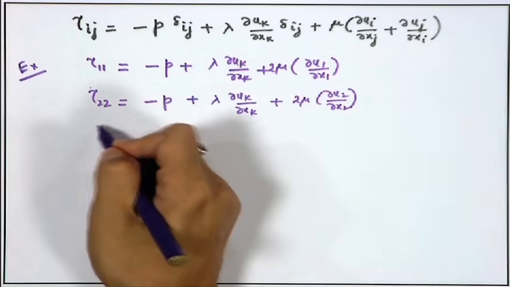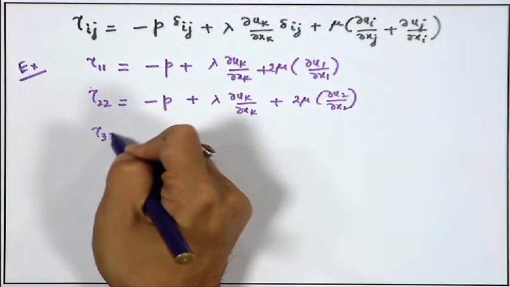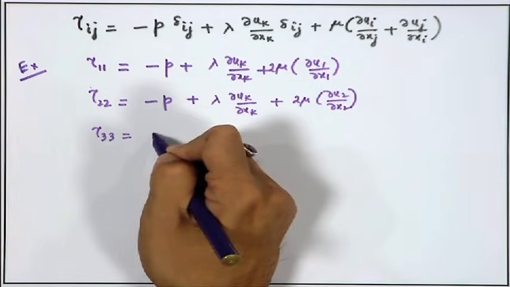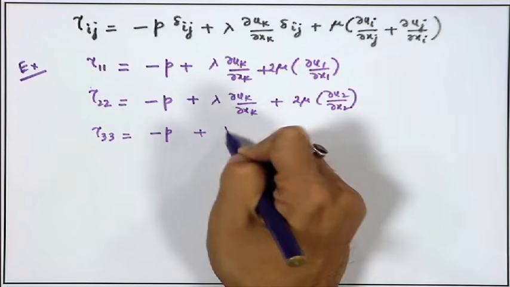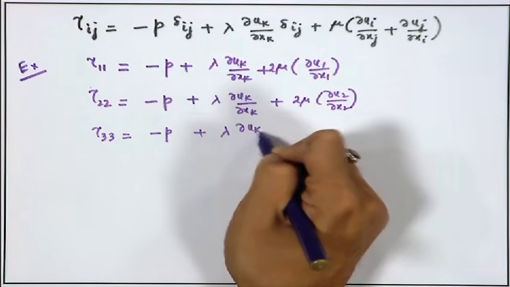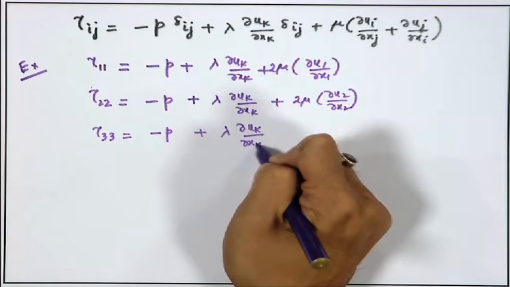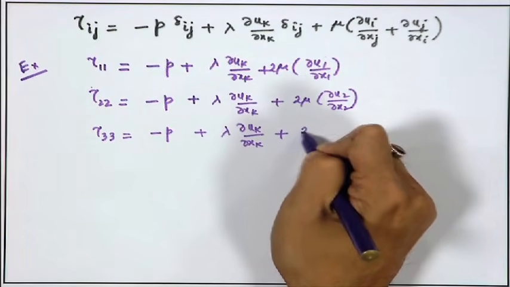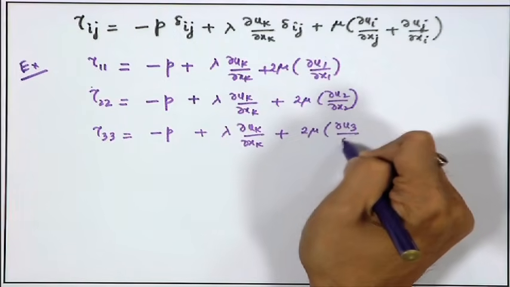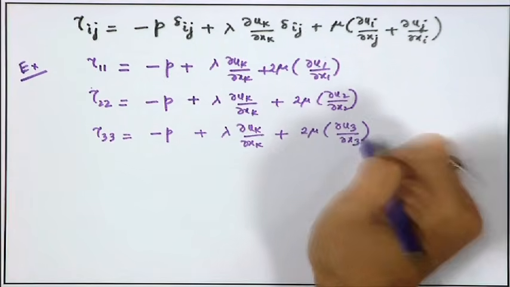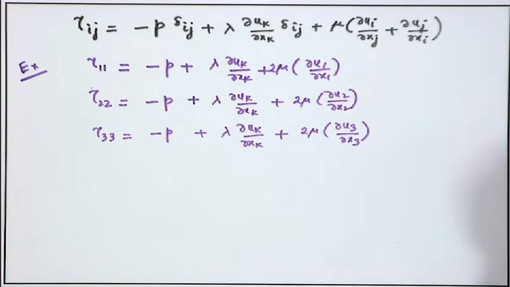Tau 33 is minus p plus lambda del u k del x k plus 2 mu del u 3 del x 3.